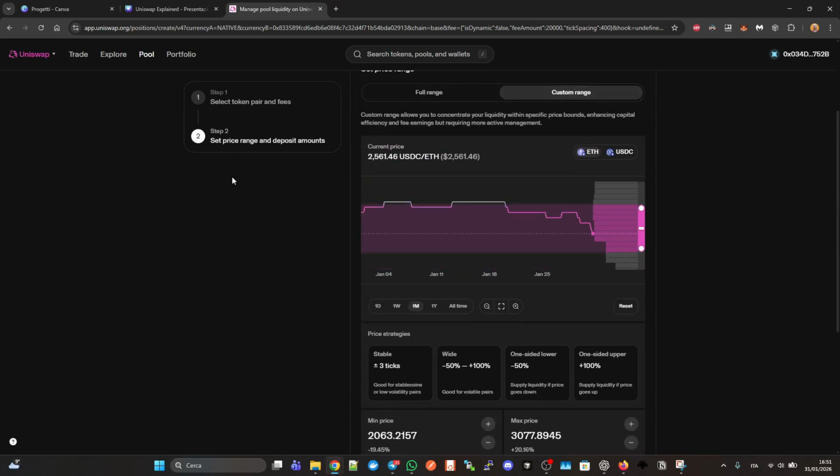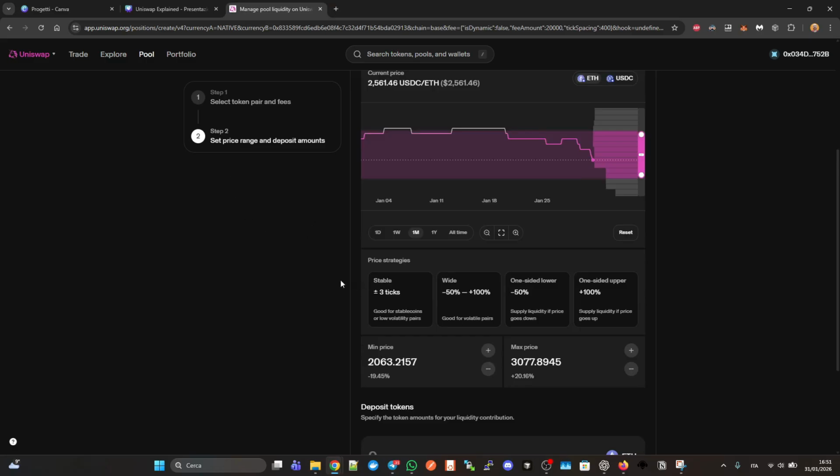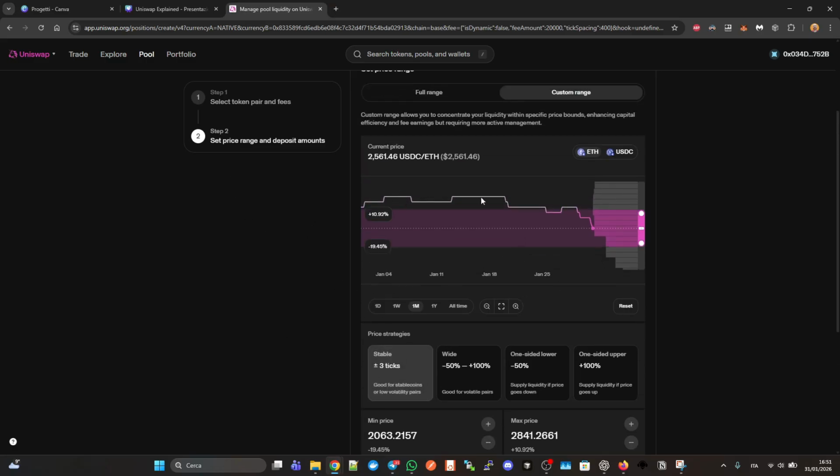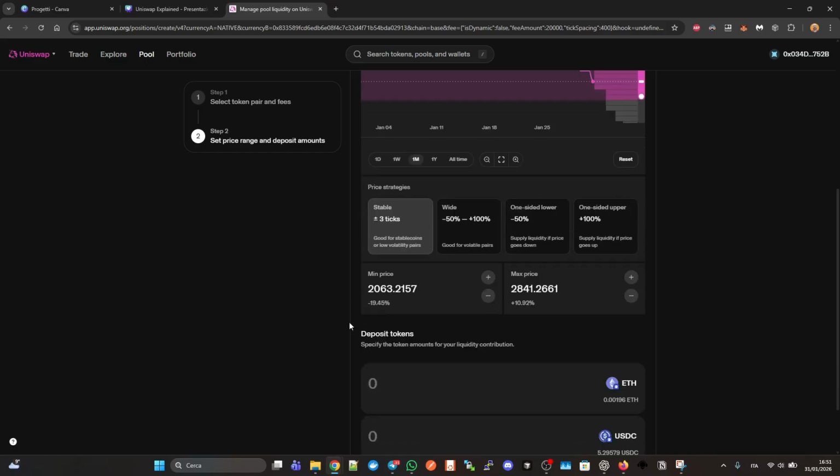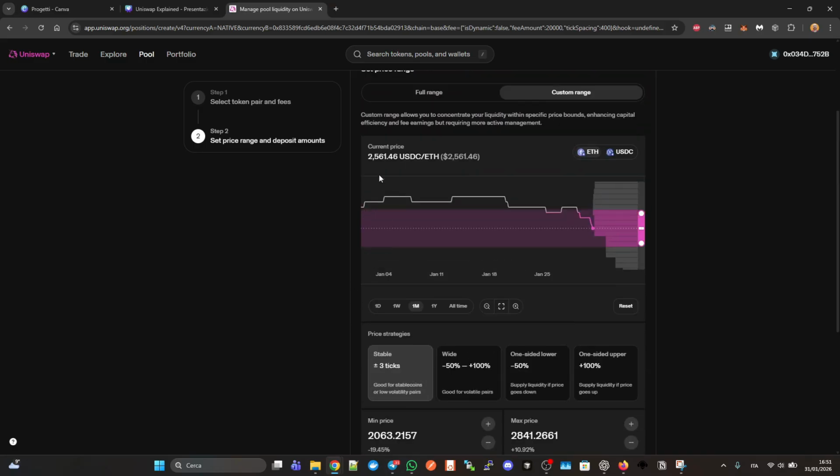Instead, if we choose a custom range, we can choose various ranges. For example, this is for stablecoin. This is the price, okay, of Ethereum. So the price right now is 2,500, let's say dollars per ETH.